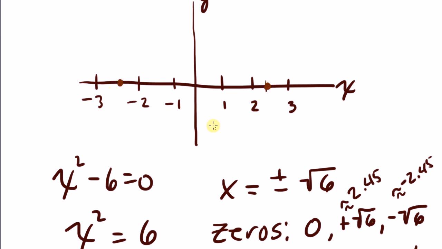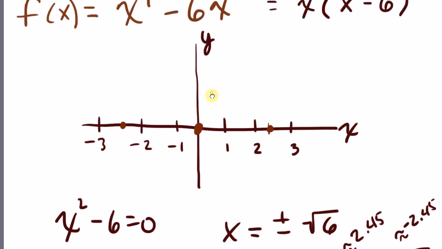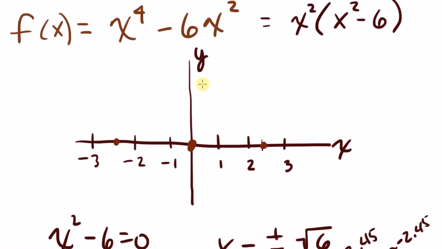The parent function is going to be x squared, right? So it's going to have this parabolic shape, which means that no matter what it does in the middle, it's going to go off to infinity and positive. So here we go. We're going to come from here.